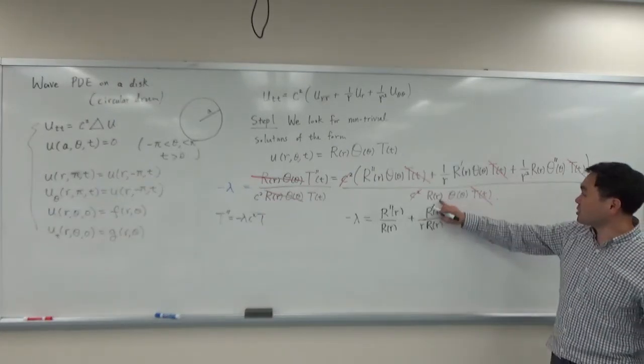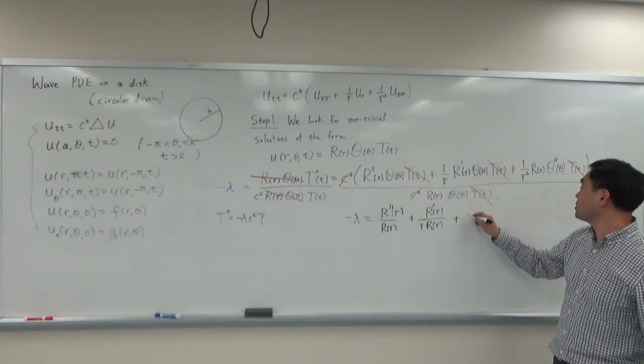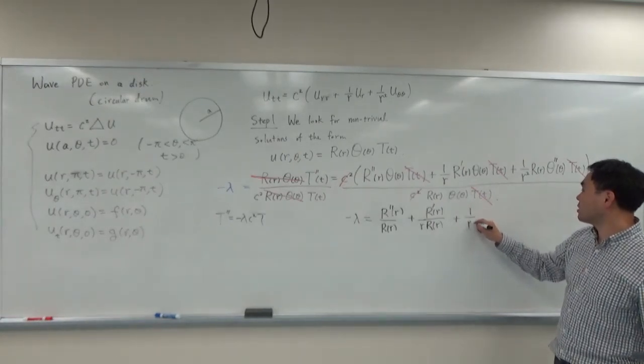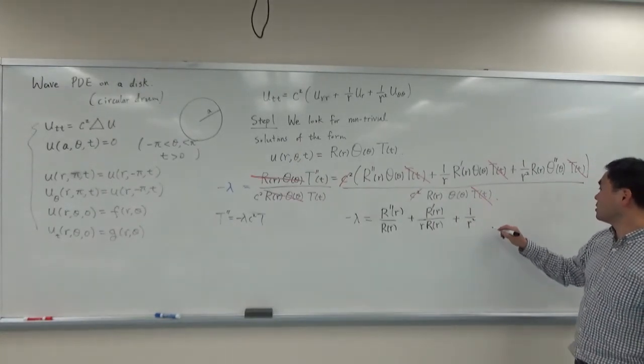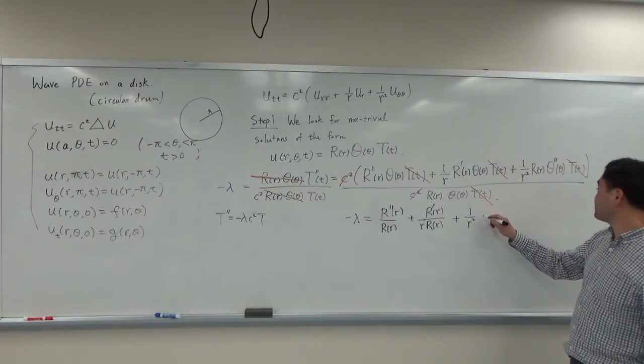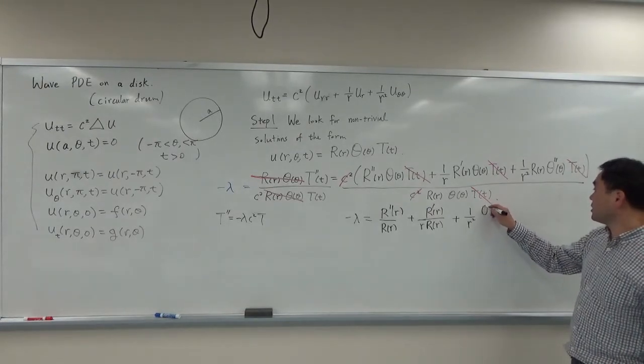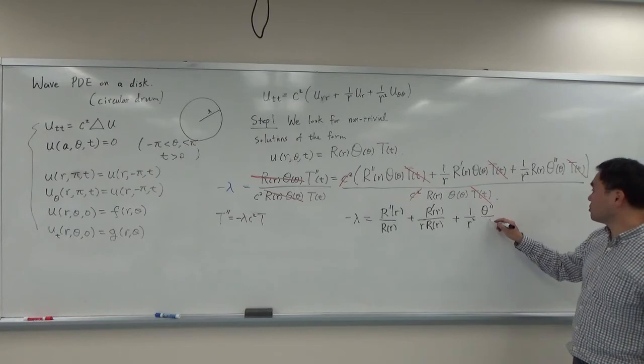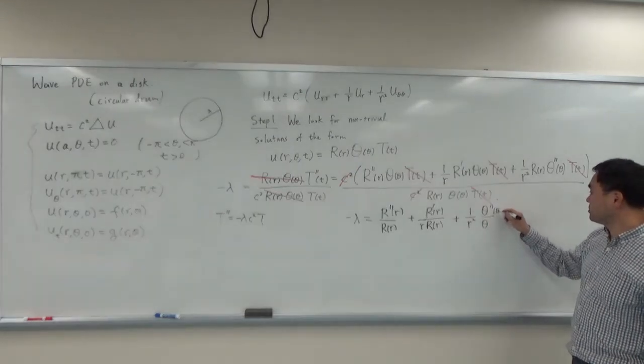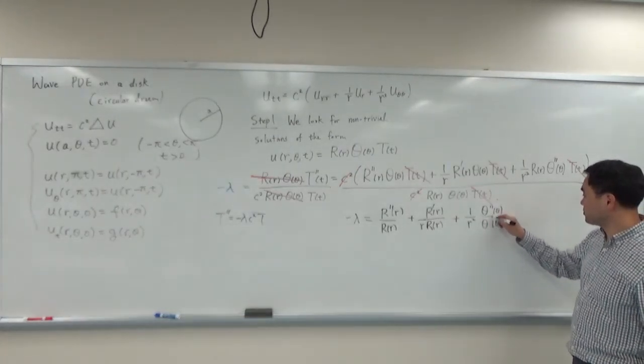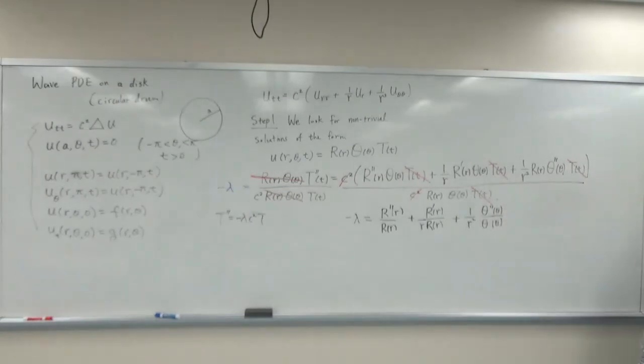So r this time cancels, and you have plus 1 over r squared of theta double prime over theta.